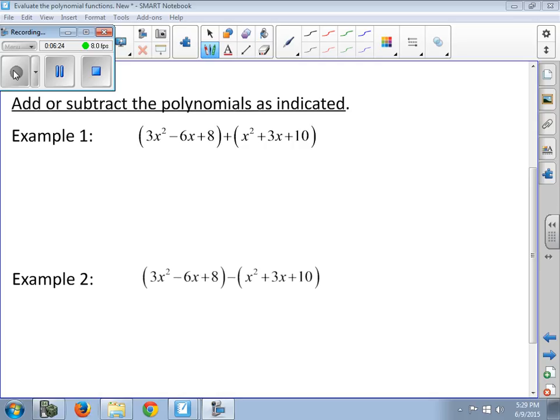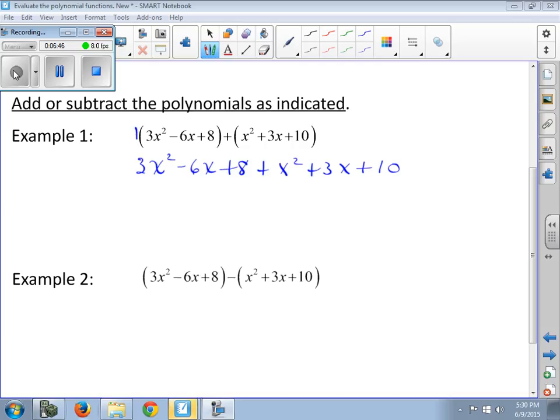There's nothing out in the front of either one of these, so we can just take the parenthesis off. 3x squared minus 6x plus 8. This would be plus x squared plus 3x plus 10. What I'm saying is there's no number to distribute out in the front. It's like distributing a 1, which gives you just exactly what you had.